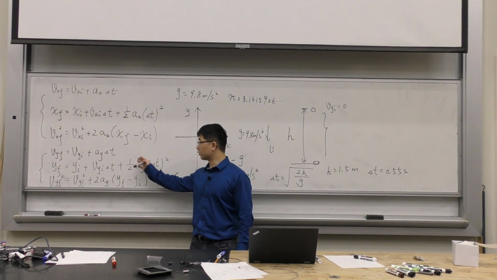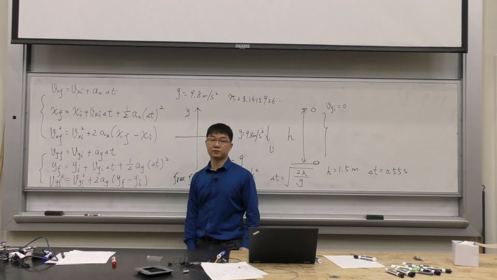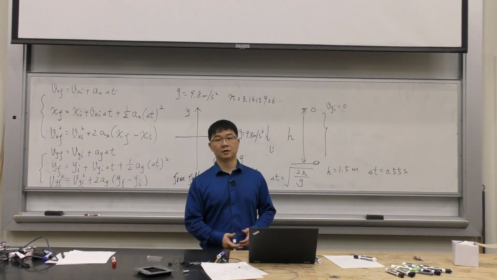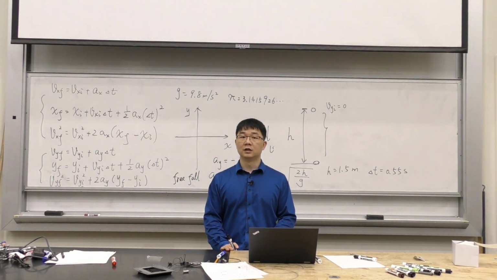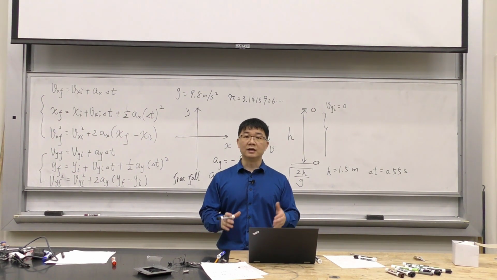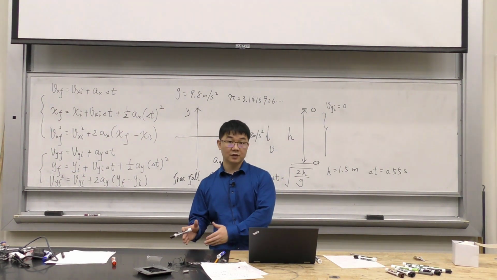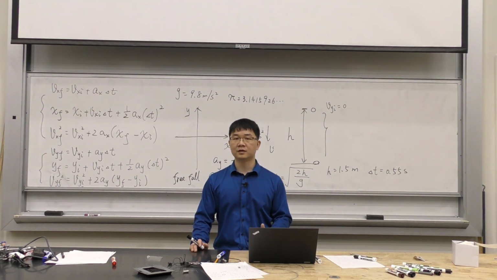You just need to pick one of them, or sometimes two of them, or even three of them. You manipulate them based on the numbers you're given, based on the story you're given, the problem. And then you do the math carefully, and you find the right answer. Either it's an expression or it's a number, it doesn't matter. A lot of people have difficulty working with symbols. That's something you need to get used to in physics.